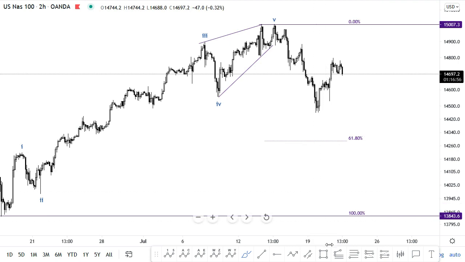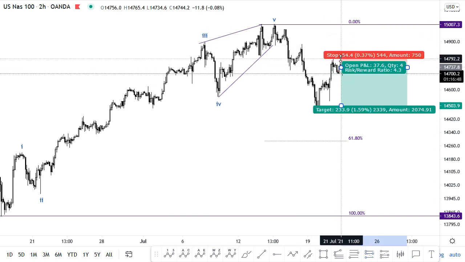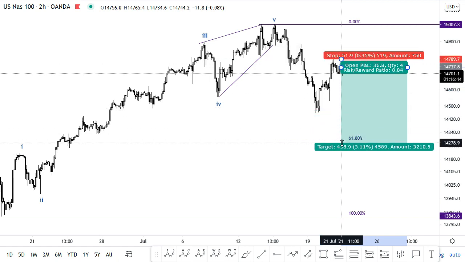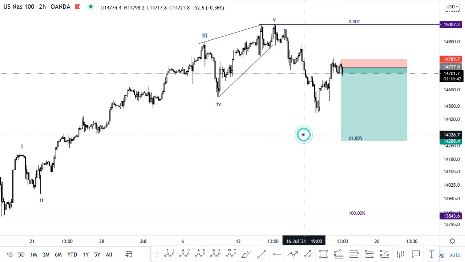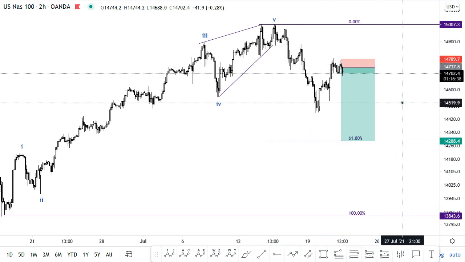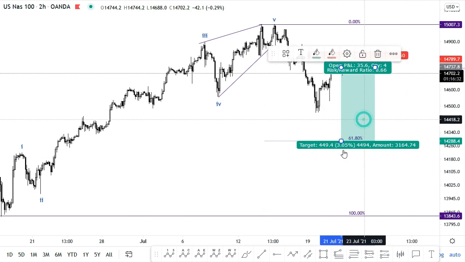For now, we entered again a short entry with my clients around this level, keeping our stop loss at minimum, and this is our target. So it's a small risk entry. Right now we expect price to drop even lower.